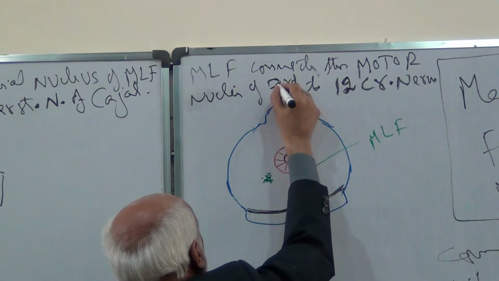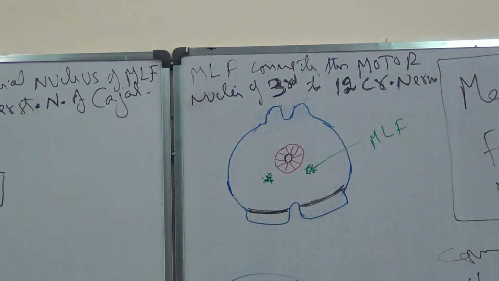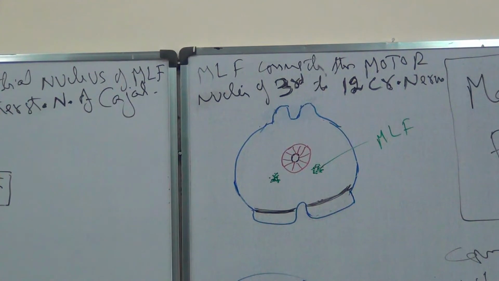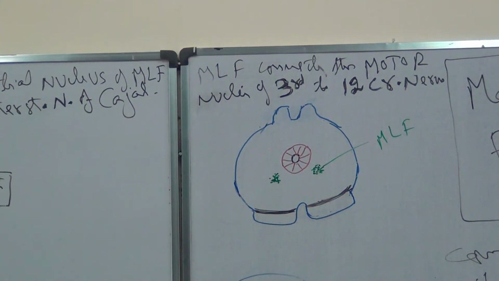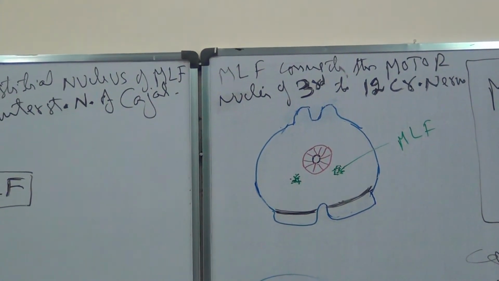The motor nuclei of the 3rd to 12th cranial nerves are interconnected via the medial longitudinal fasciculus.